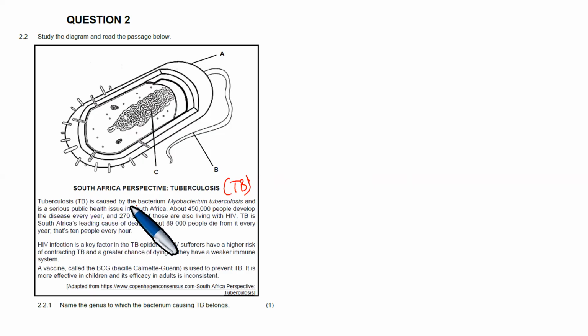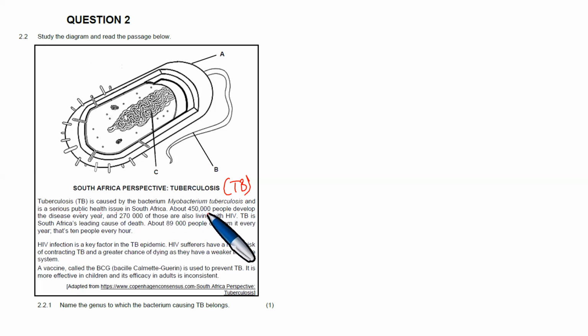Tuberculosis is caused by the bacterium Mycobacterium tuberculosis and is a serious public health issue in South Africa. Because it's serious, the government has deployed medication. If you go to the clinics, the medication for TB is there. The government is aware that it is a public health issue.